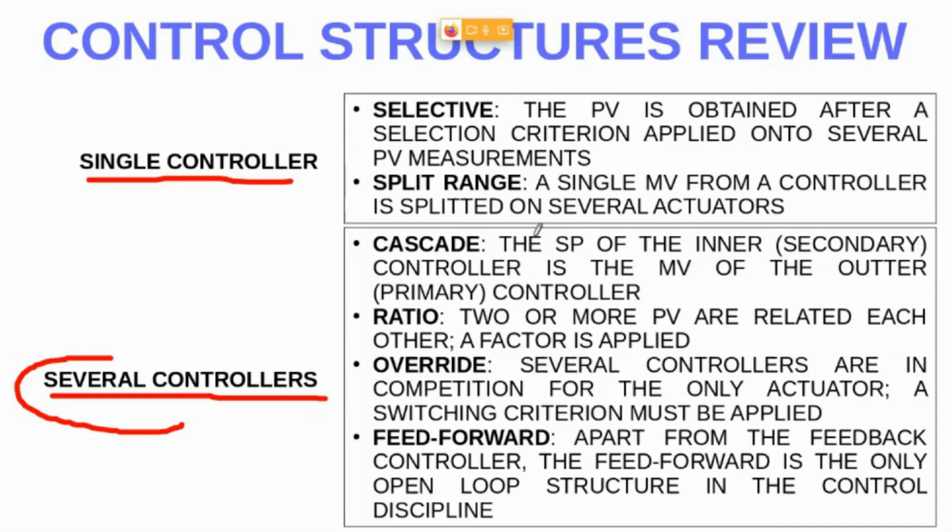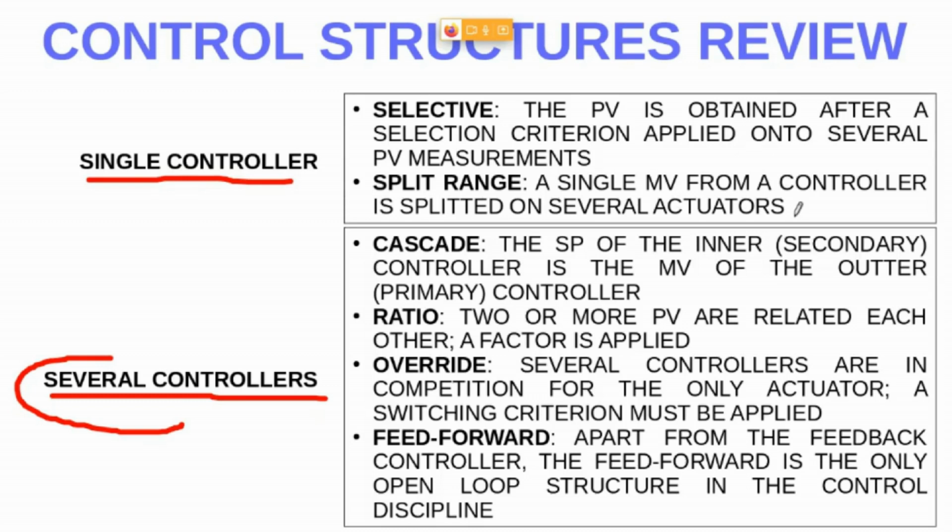Then you have the split range. Remember, you have a single manipulated variable that is the output of a controller, and this manipulated variable is split onto several actuators. So this manipulated variable is delivered on several actuators.